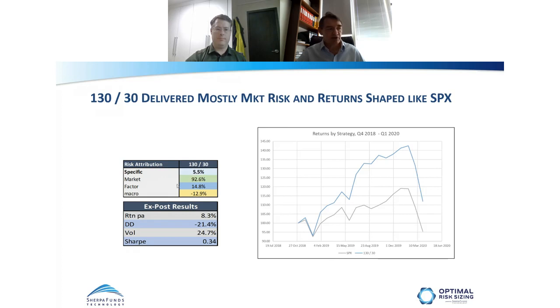Well, clearly, you don't get much specific risk. So this top block, risk attribution, is what pops out of, this happens to be our risk model rather than a Barra one, but a risk model's a risk model. You don't get much specific risk. You have a lot of market exposure. So 130-30, you're 100 long, of course. And there's a wee bit of residual factor in macro, although within error, that really isn't a big number.